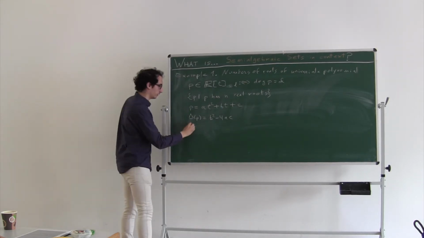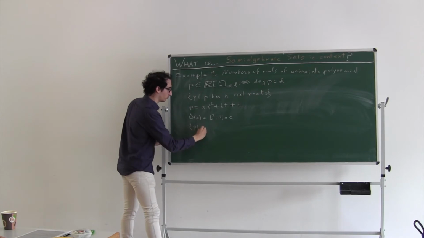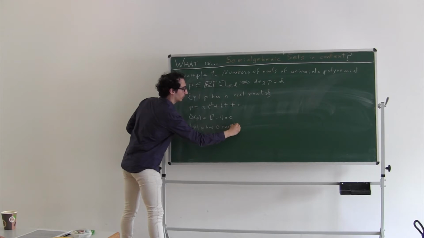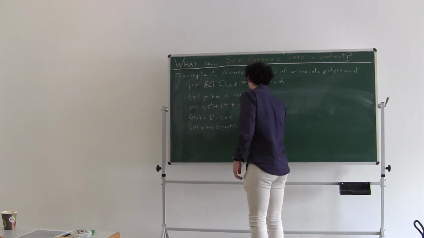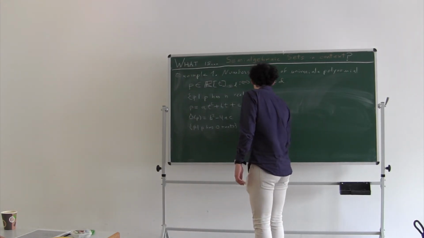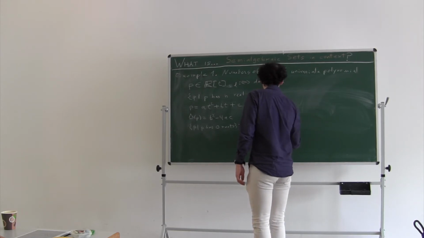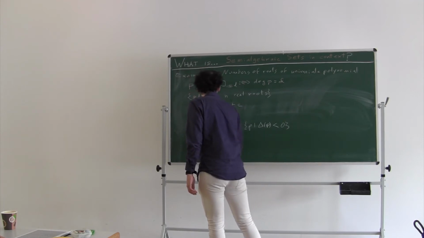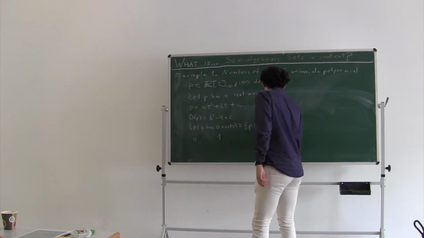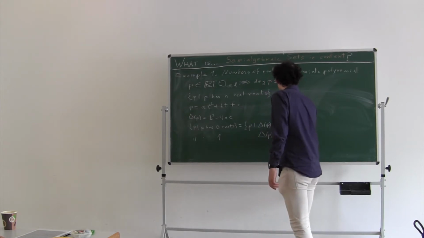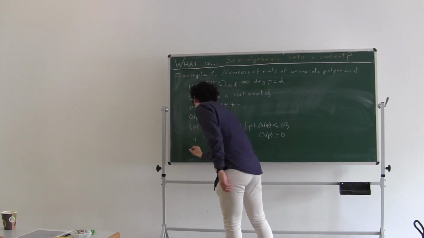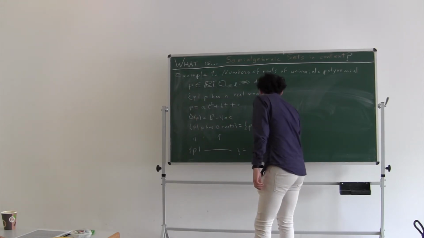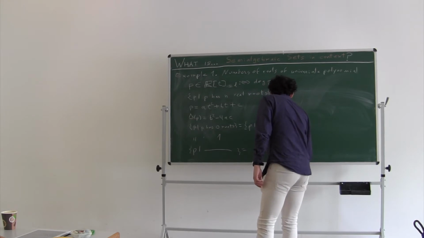Then the set of p such that p has 0 roots is described by the discriminant Δ(p) being less than 0. For one root, the discriminant has to be equal to 0, and for two roots, the discriminant has to be positive.